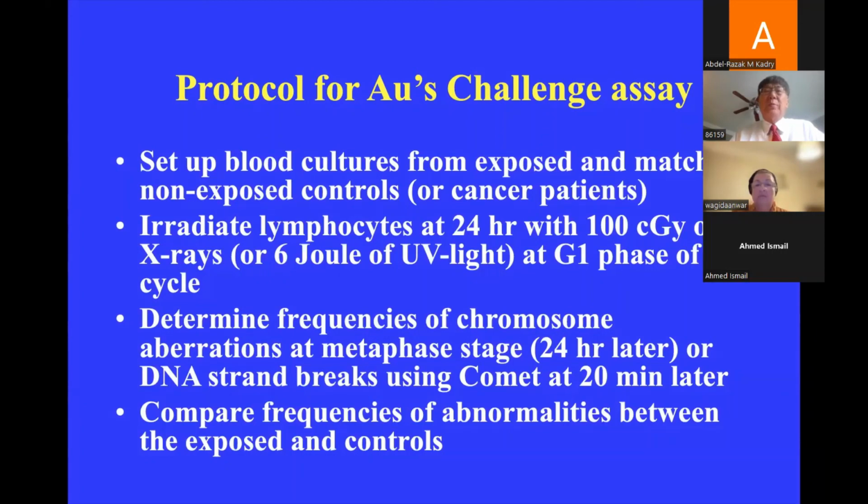Or we harvest the cell at 20 minutes after irradiation and use a COMET assay to look at repair of DNA strand break. For both of them, we use abnormality to determine whether there is any difference between the exposed and the control individual, or between patient and non-patient, right?